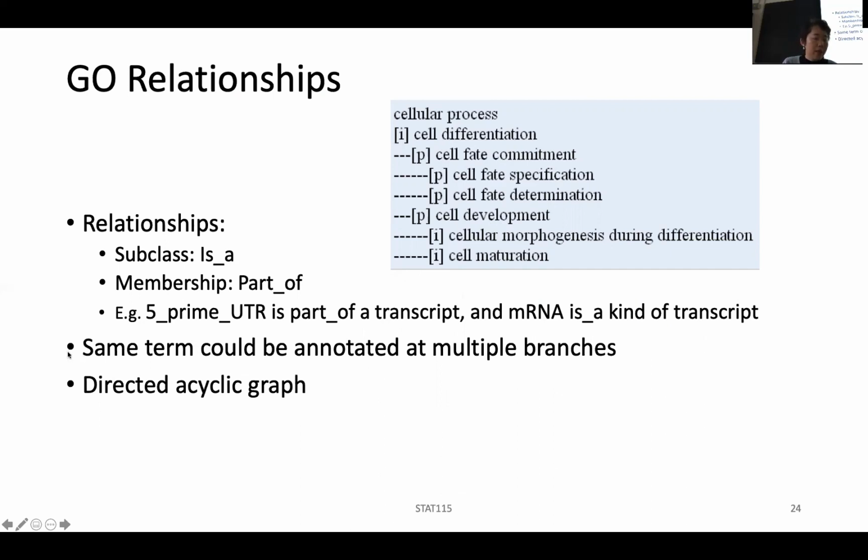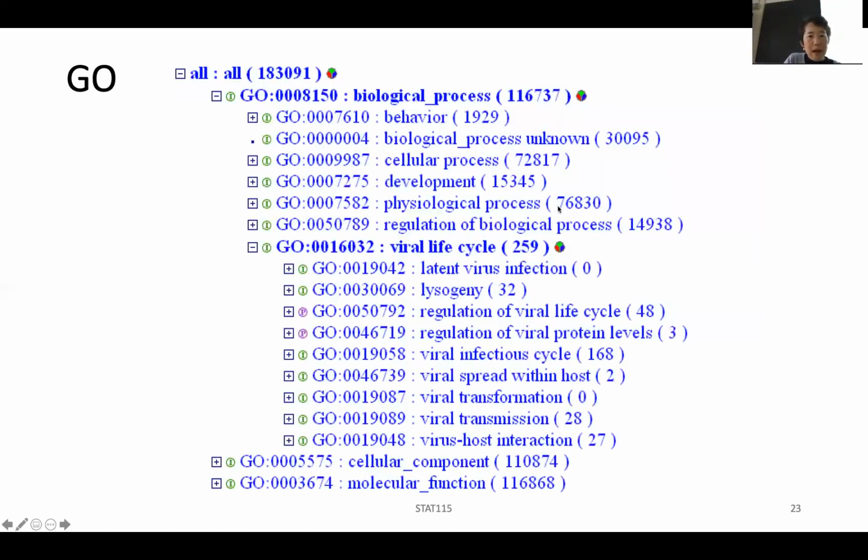Also, the same term could be annotated as multiple branches. Sometimes, say, transcription factor or transcription regulation can go to both the biological process and the molecular function.